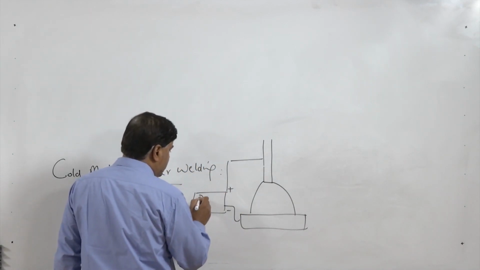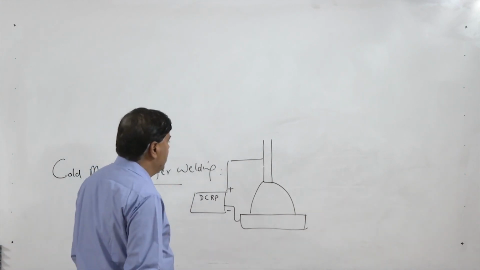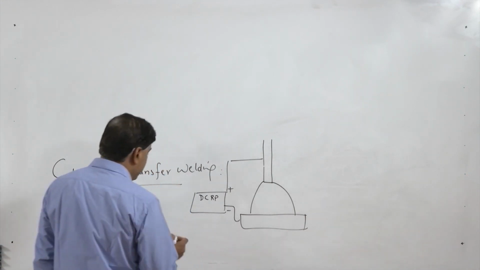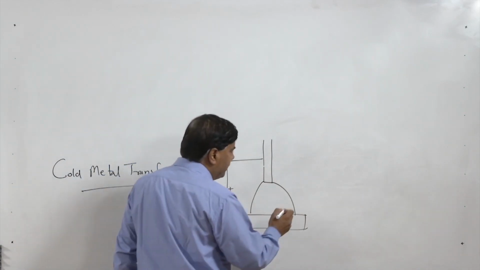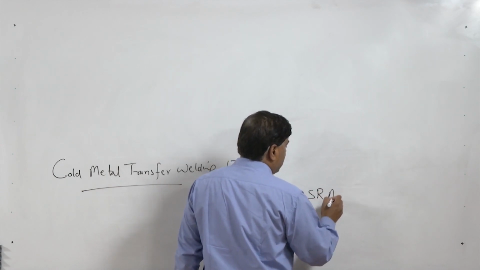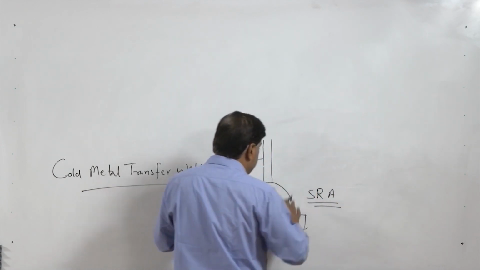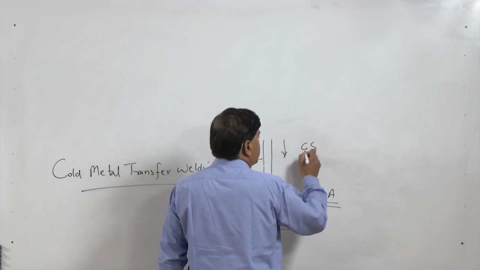DC RP, or reverse polarity, is used in association with a constant voltage power source in order to have the advantage of the self regulating arc. Self regulating arc helps to maintain the arc gap when the electrode is fed at a constant speed.